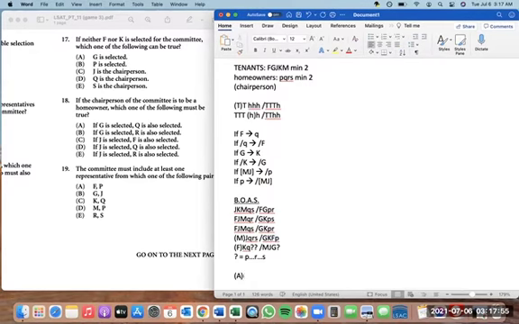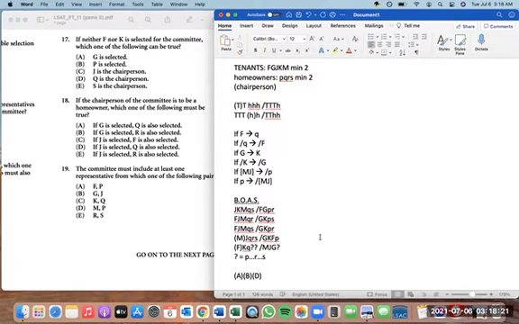I can eliminate B because I see an example where G and J are out. K and Q both being out, I actually don't see an example of that, so that one's still in the running. M and P both being out, we have an example of that right here, so D I can eliminate. So I've narrowed it down to C versus E.